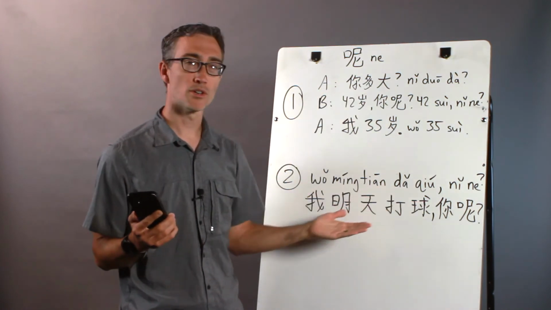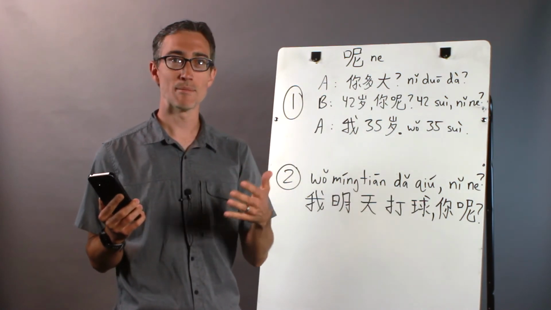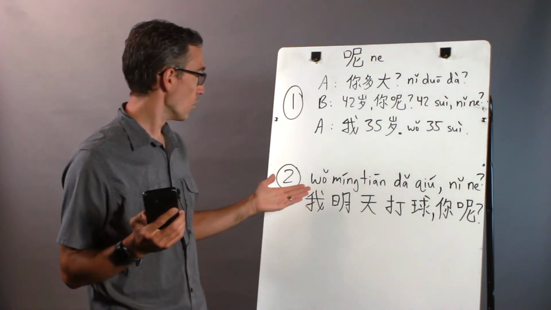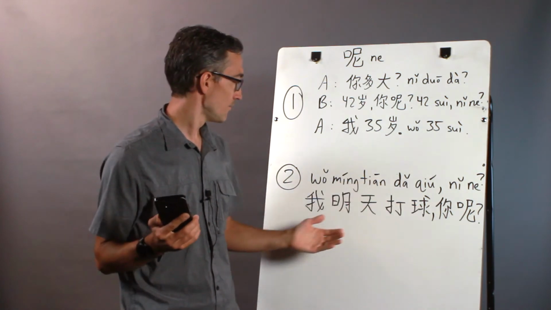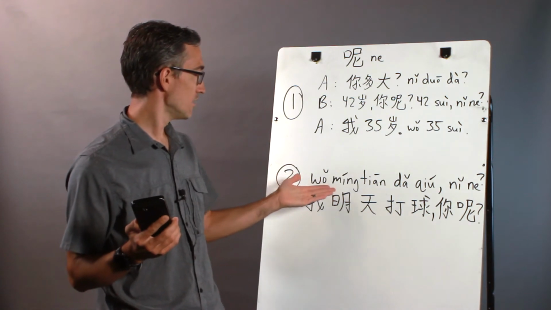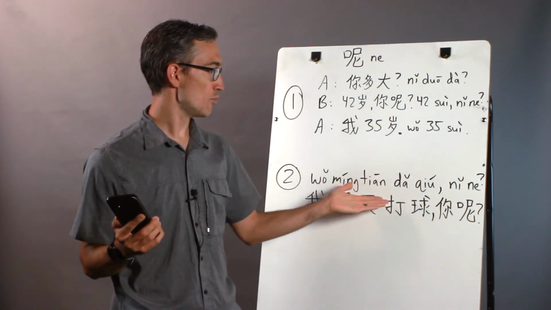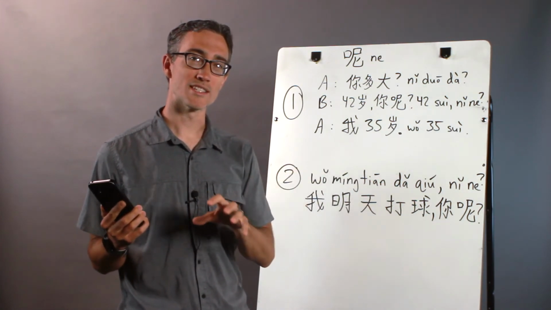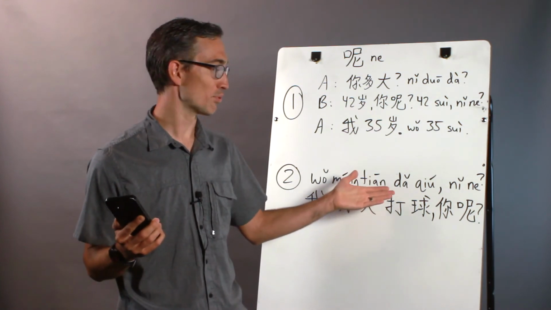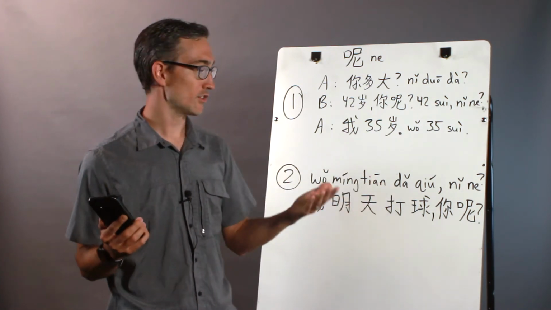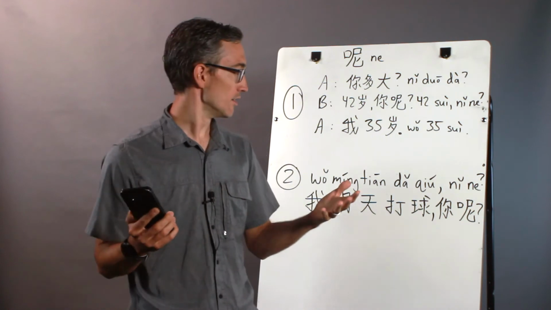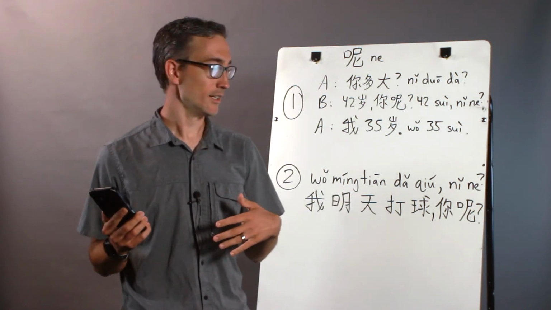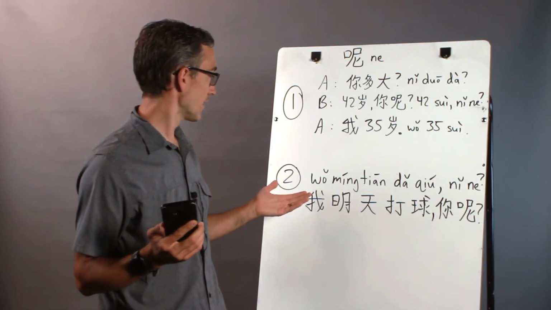Here, this isn't reciprocal, but it's the same idea about what about you. 我明天打球，你呢? This means I tomorrow 打球, it literally means to hit ball, but it means to play ball. It could be referring to soccer or basketball or American football, that kind of thing.